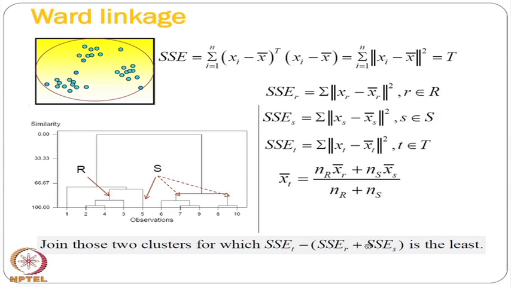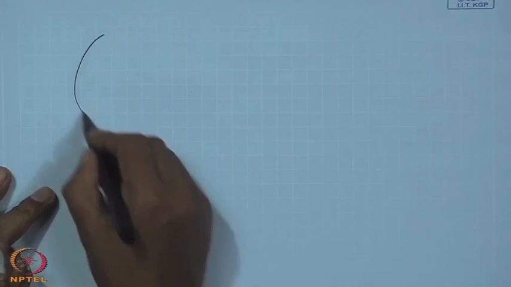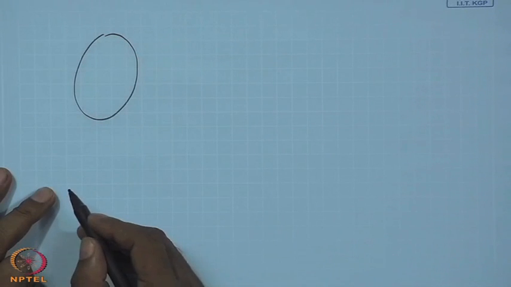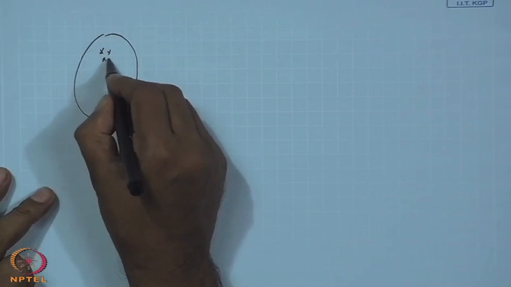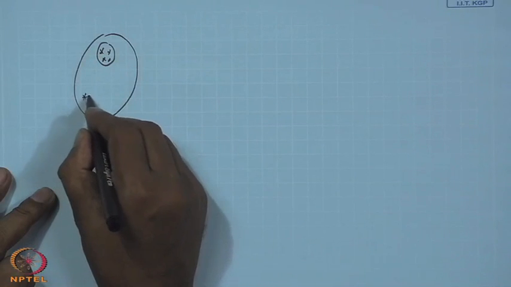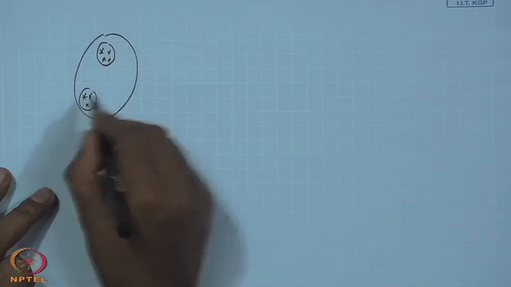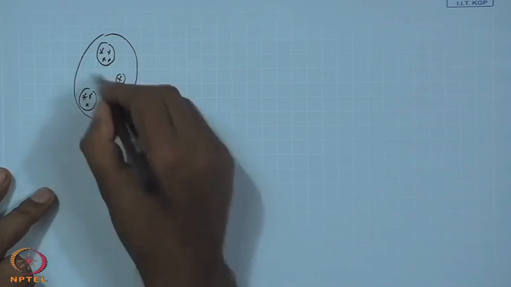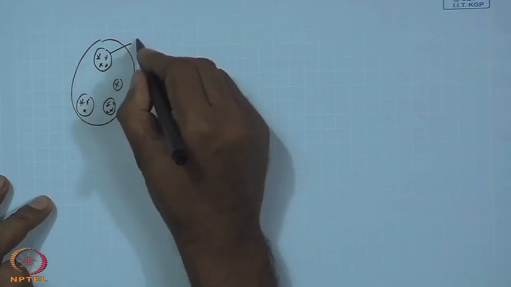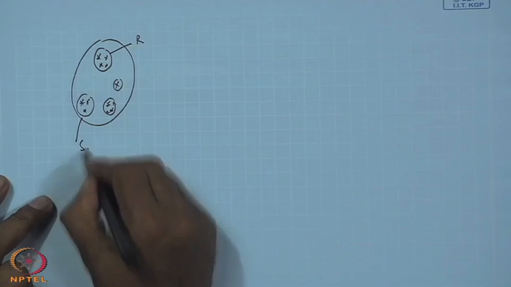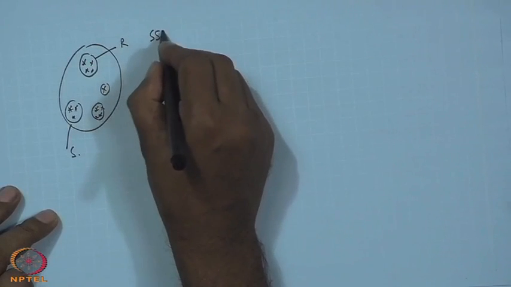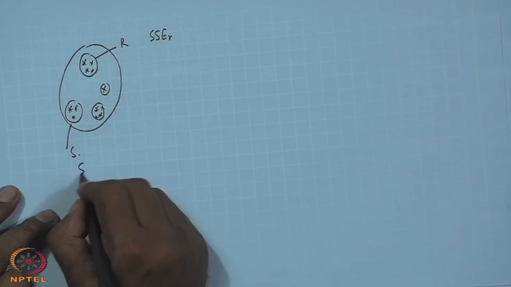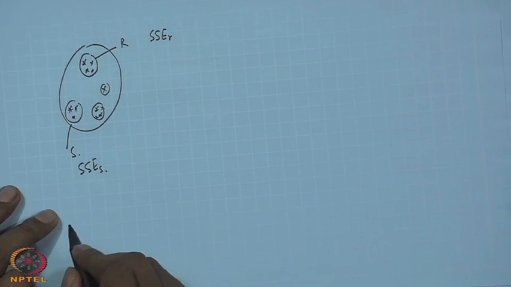That means what we are trying to say here is this. For example, this is my data set. Now I create one cluster here, another cluster here, like this. If this is my R cluster and this is my S cluster, then I have SSE R here and SSE S here.